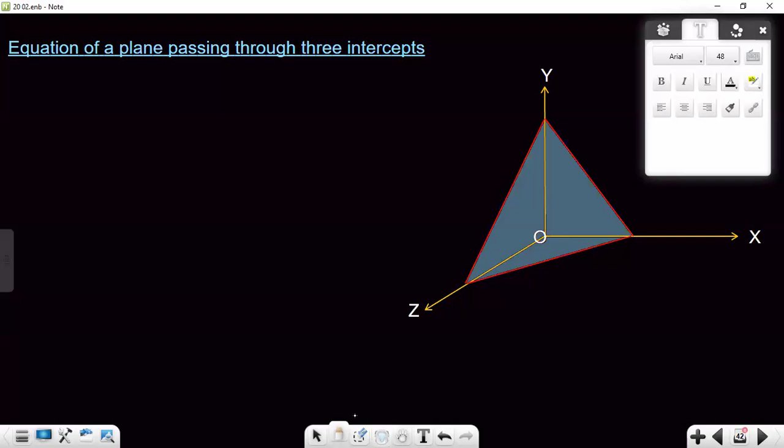What are the intercepts? The distance of the intercept from the origin on the x-axis is A, on the y-axis is B, on the z-axis it's C. So simple, the equation of the plane in the Cartesian form will be this.